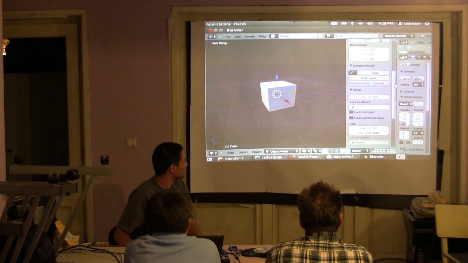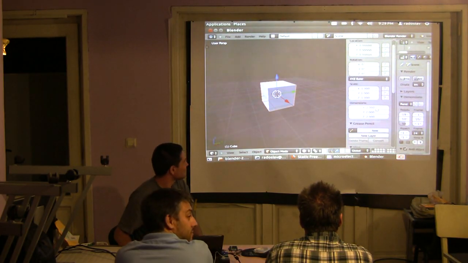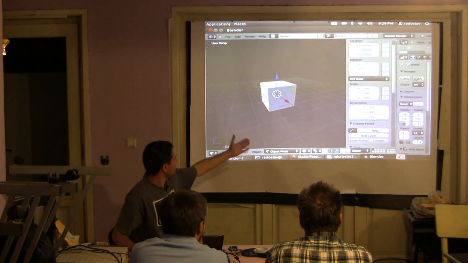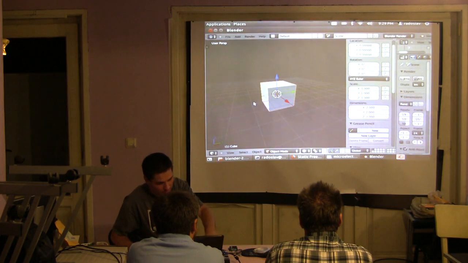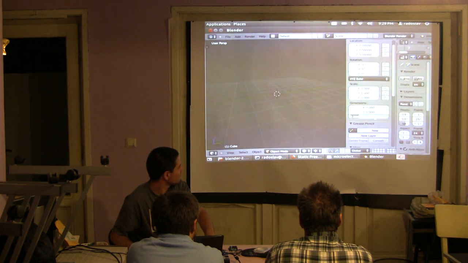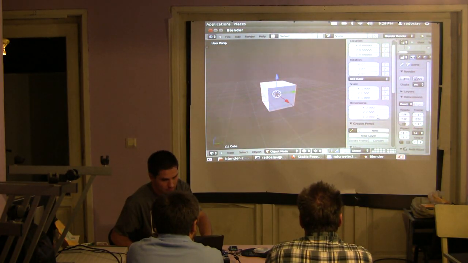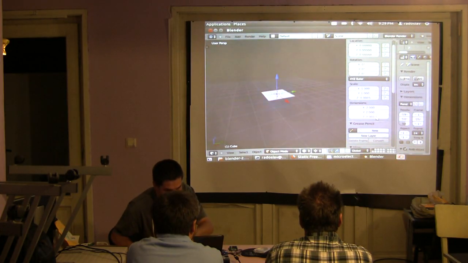So for example, if I want to make this cube very small, I just place here 0, 0, 1. This was not intended. Okay, I will look at my monitor, so it will be much easier.